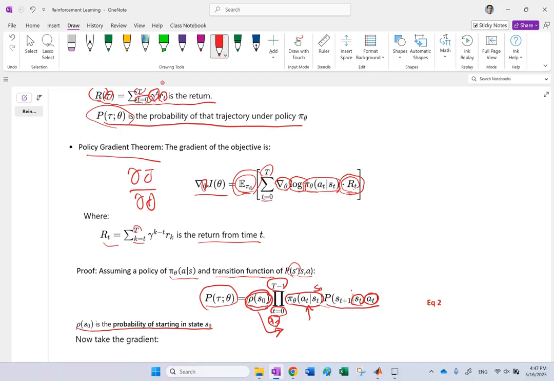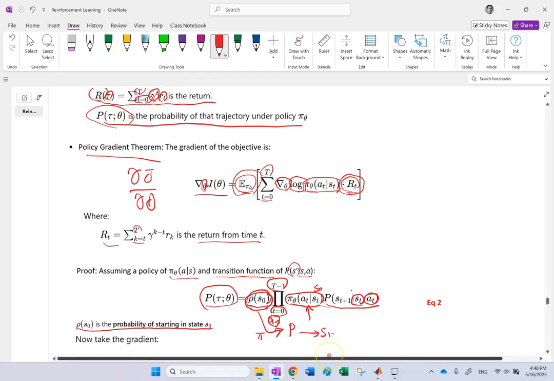So now this is that probability. With state S0 and action A0, hopefully I can end up in S1. And again, with another probability, I can take action A1, and then with another probability of transition, I end up in state S2, and so on.